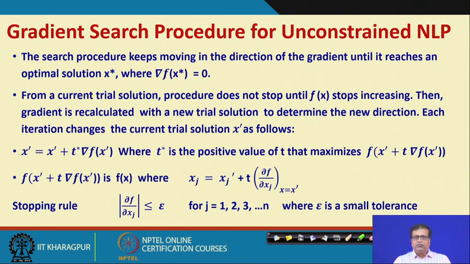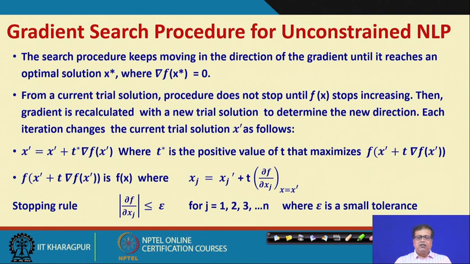So, there should be a procedure where, even if we are not able to put del f(x) equal to 0, there should be a method by which we can approach and we can do with the help of gradient search itself. That is the technique called the gradient search procedure for unconstrained NLP.